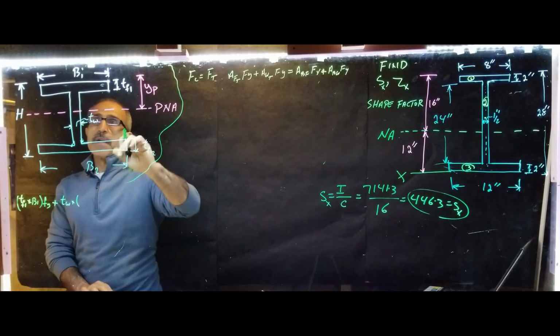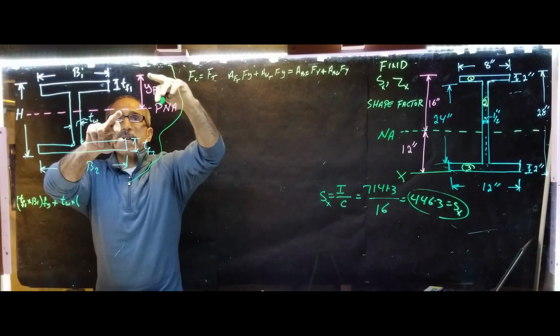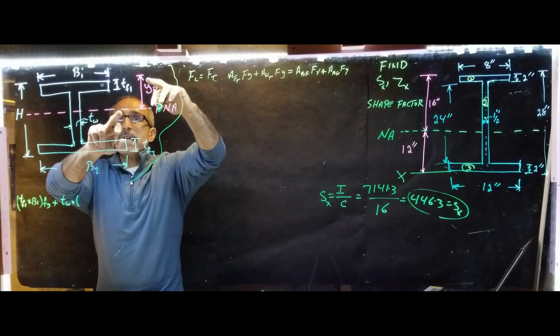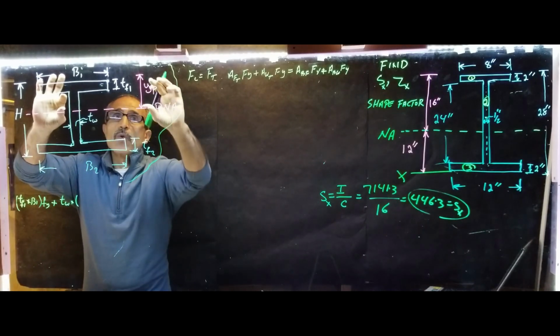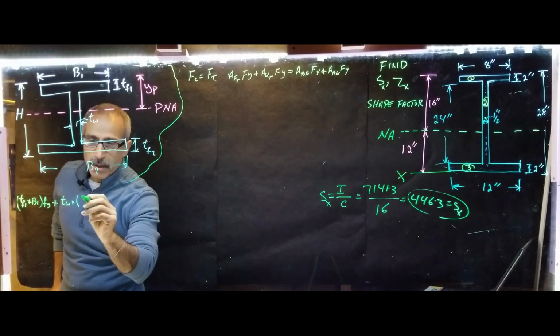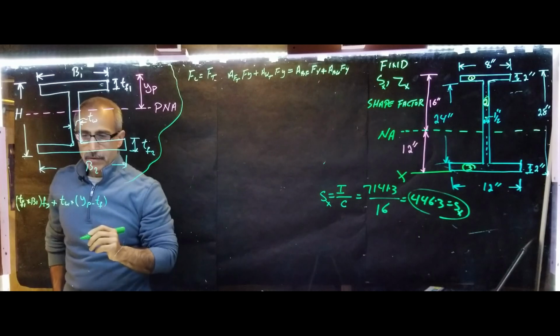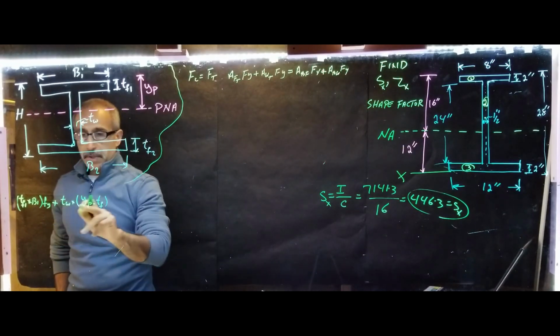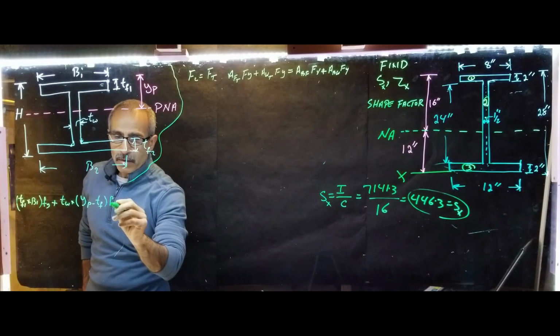I don't know the length, but I know from here to here is my plastic neutral axis, YP, so this distance is going to be YP minus TF. Wonderful. So TW times (YP minus TF), and times Fy, don't forget that.